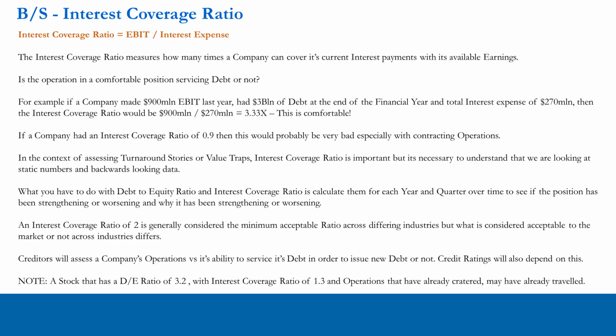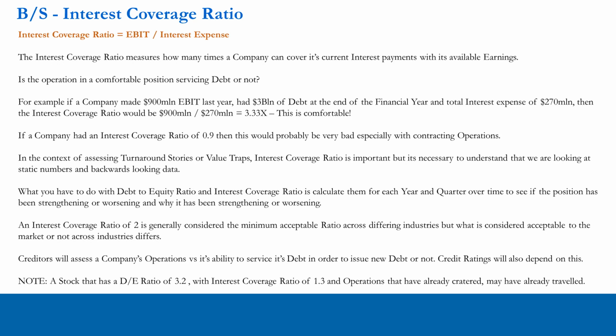For example, if a company made, say, $900 million of EBIT last year and had, in the last set of accounts, $3 billion of debt at the end of the financial year with a total interest expense of $270 million, then the interest coverage ratio is going to be 900 million over the 270 million of interest expense, which is a 3.33 times multiplier. This is a comfortable situation.